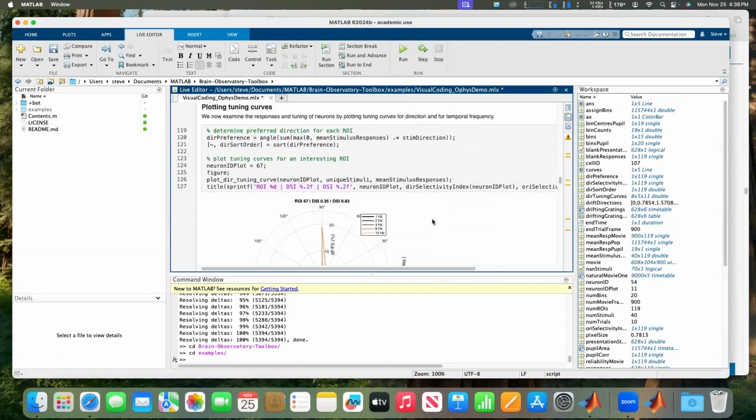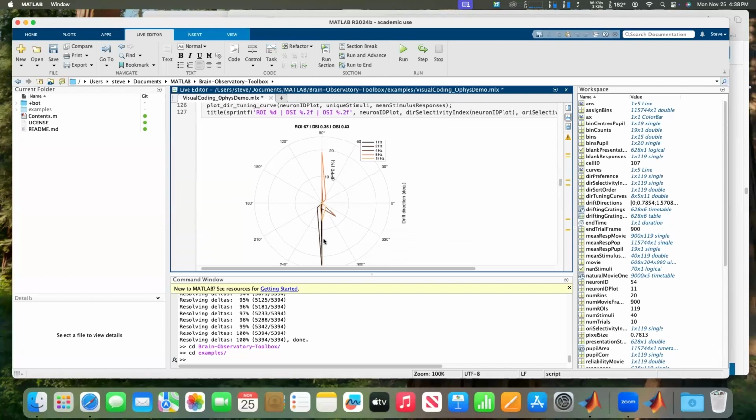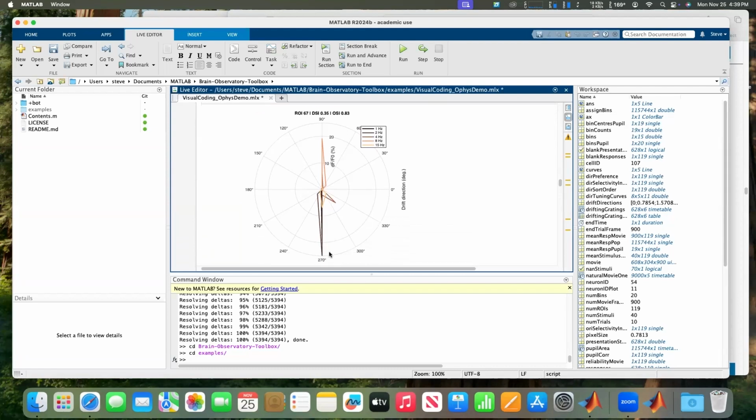And we can go on to plot tuning curves from individual cells. So these are tuning curves plotted in direction space, where the direction indicates the direction of motion of the stimulus. Here we see a cell that transitions from having responses in this downward direction at a temporal frequency of 1 Hertz to an upward direction as the temporal frequency increases past 8 Hertz to 15 Hertz.